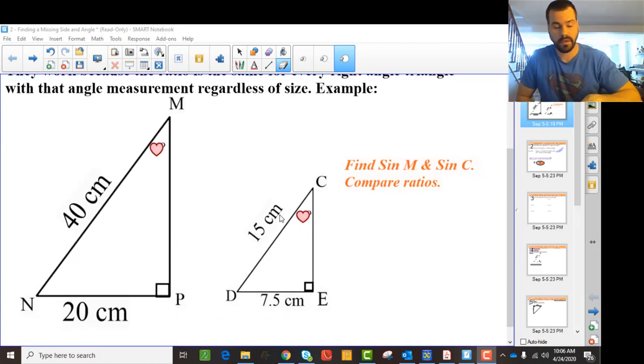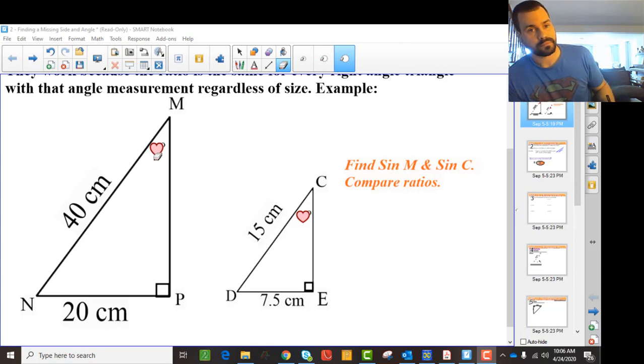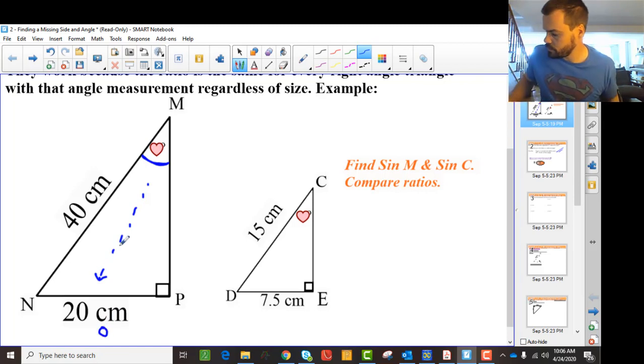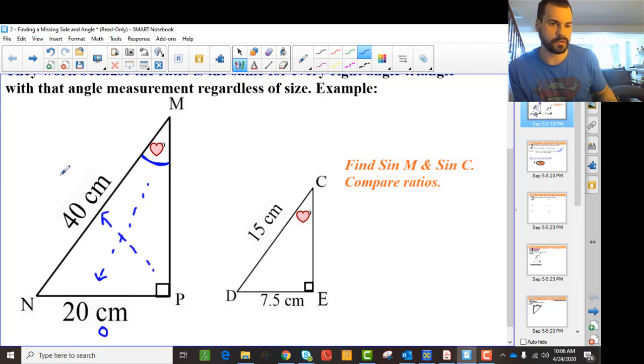If you look at this triangle here, and I'm just looking at that angle, then the opposite side is 20, and the adjacent side we don't know, and then the hypotenuse is over here. Here the same thing, we have the opposite side and we have the hypotenuse.